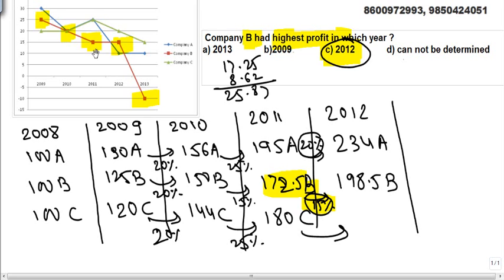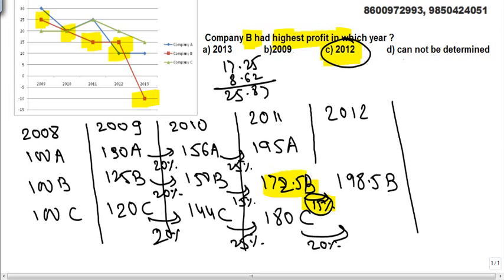And C increased from 11 to 12. Understand kids, C increased from 11 to 12 by 20%. 20% of this, I repeat, I'm so sorry, I made a mistake. A has increased just by 10%. Sorry, so I'll just change this value.